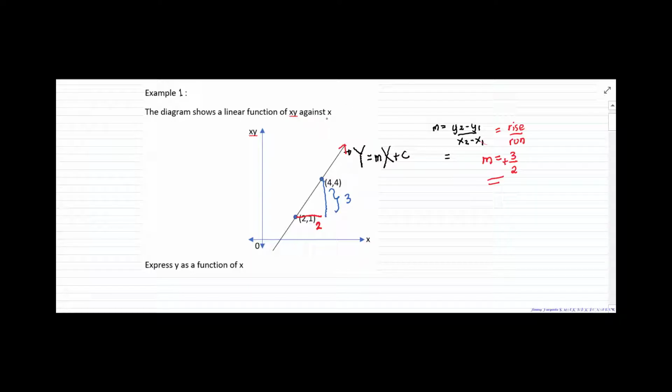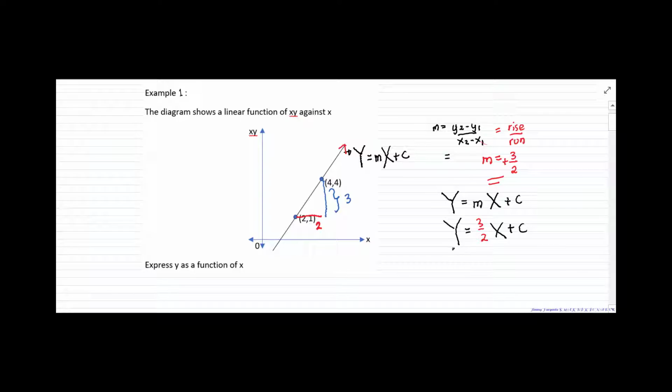And then we have to find y equals to mx plus c, right? We already have the gradient, so we put the gradient into the equation, 3 over 2 and then big X plus c. Do you remember how to find c?